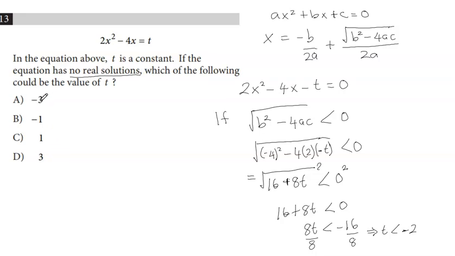We notice that there's -3 here. -3 is certainly less than -2, because on the number line, you have 0 here, -1, -2, -3. So the further you go to the left, the smaller the number becomes. And then to the right, you get big numbers, right? So A will be our answer in this case.